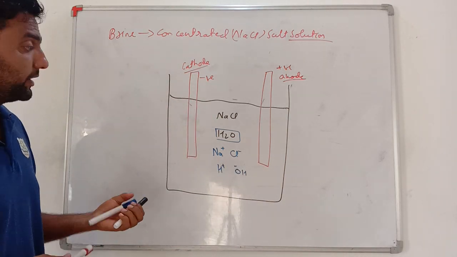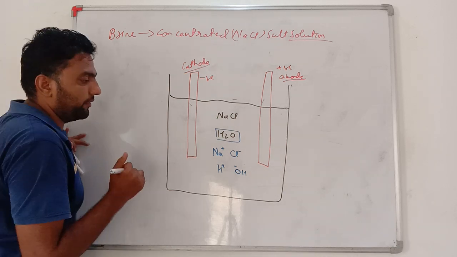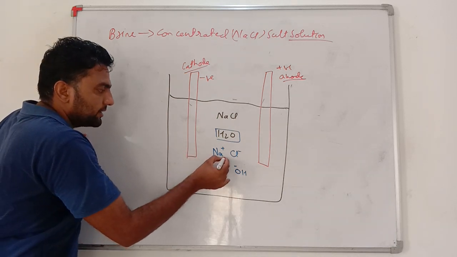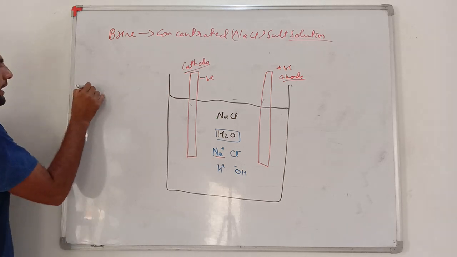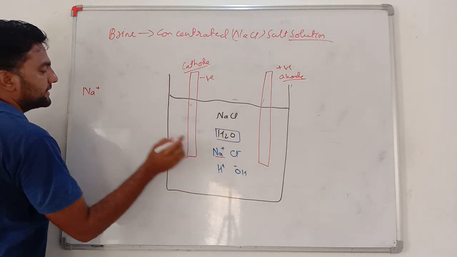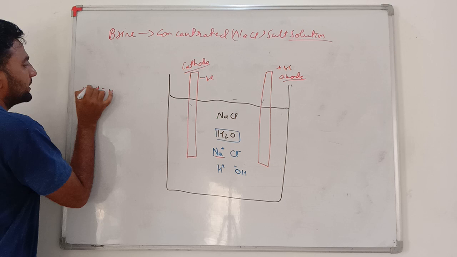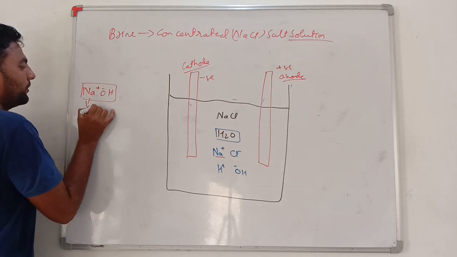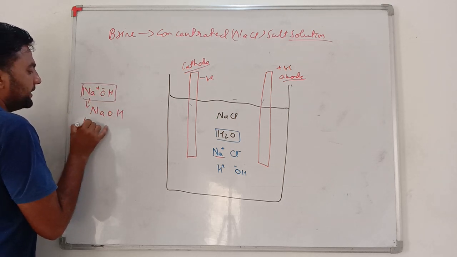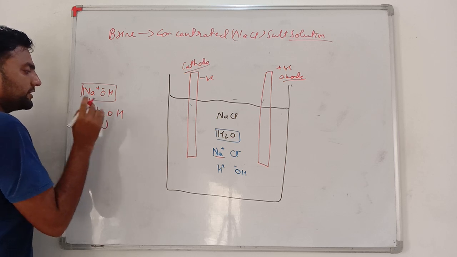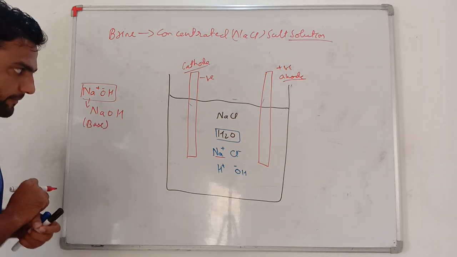See my dear student, now one by one how many things we will get. This is a positive ion, that is Na plus, and this is negative, that is OH minus. They will attract and form NaOH. It is a base, that is, it is caustic soda, sodium hydroxide.